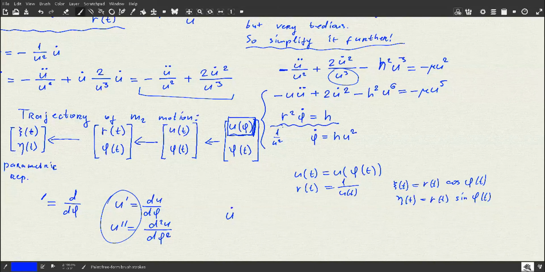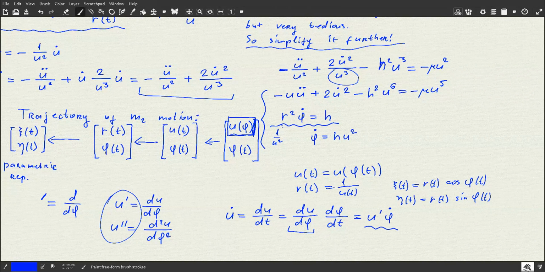U dot is du dt, which is du d phi times d phi dt. But du d phi is this yet unknown u prime. D phi dt is phi dot.